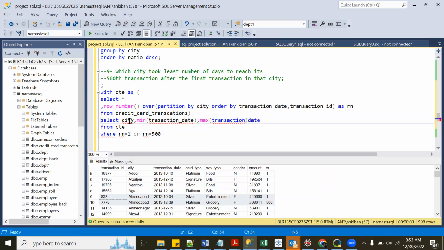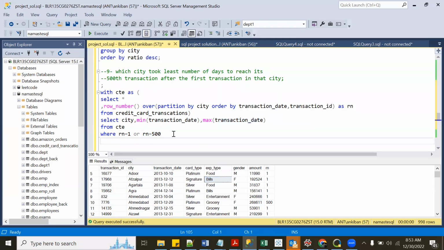So min will give me the transaction date of the first transaction, and max will give me the 500th transaction. Now in case where there is only one row, min and max will be the same, right? So that is a problem.